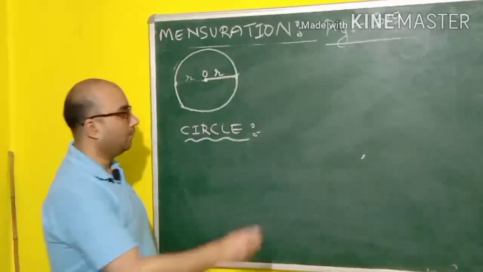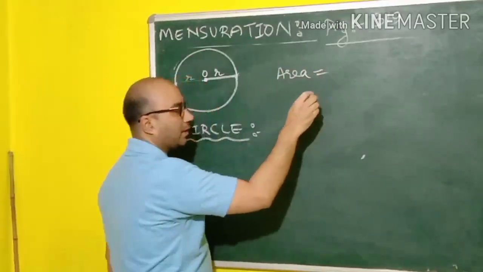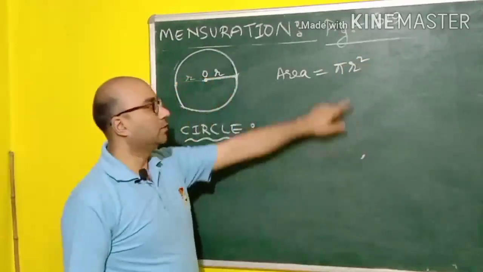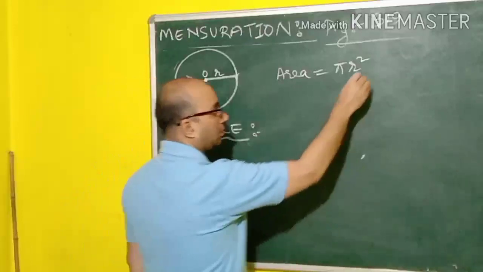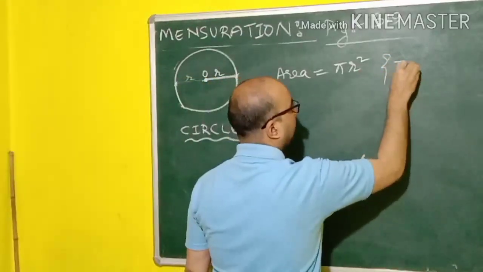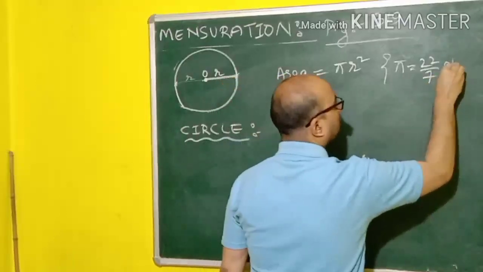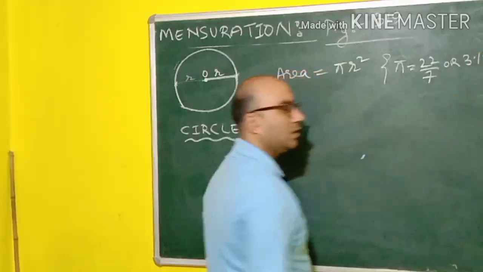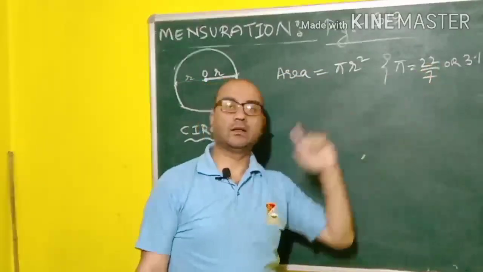Now what is the formula that gives us the area? Area is given by pi r square. This is the symbol for pi. Pi is a constant. You can use the value of pi as 22 by 7 or 3.14. Usually pi is taken as 22 by 7 until and unless mentioned in the question.